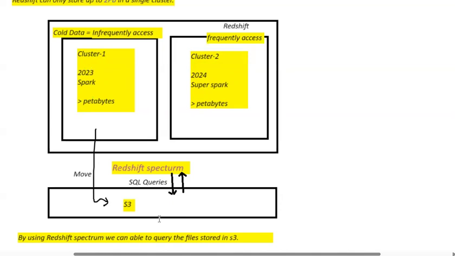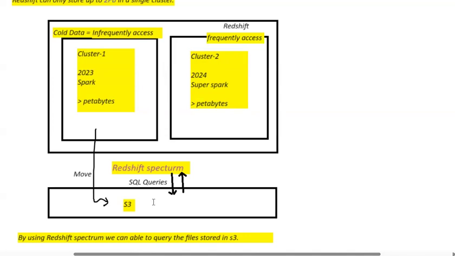Now, can I join whatever file is present under S3 with whatever table is present under my Redshift cluster? Can I join a table present under the Redshift cluster and S3? Yes, you can join the tables present under your cluster and the table present under your S3.